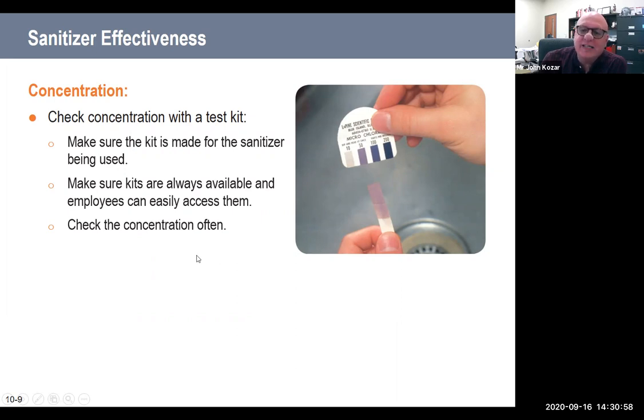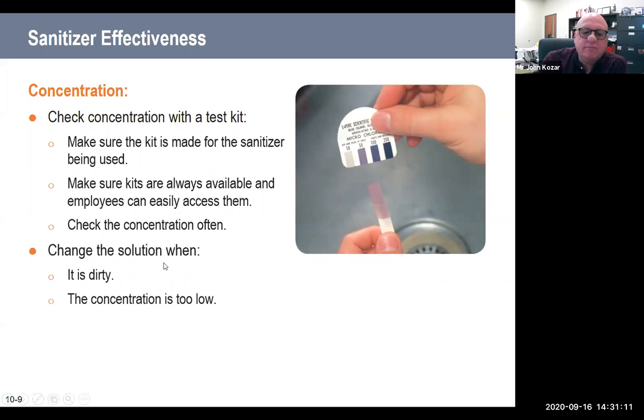Make sure that you have a testing kit near each sink, each dishwasher that uses a chemical sanitizer, and check concentration often. Change your sanitizing solution whenever it becomes dirty or the concentration becomes too low. At the minimum, you have to change it every 4 hours.